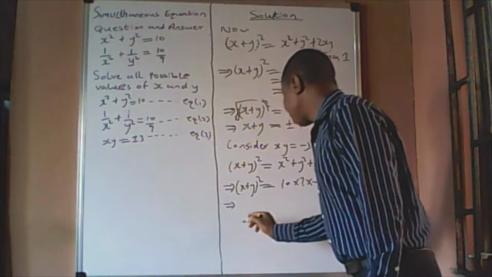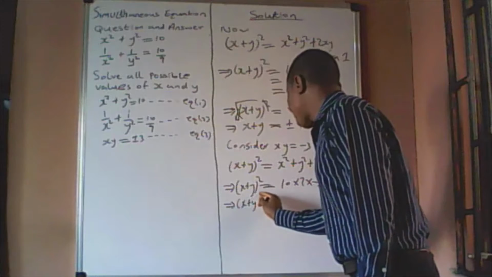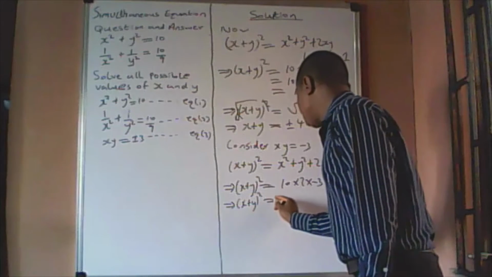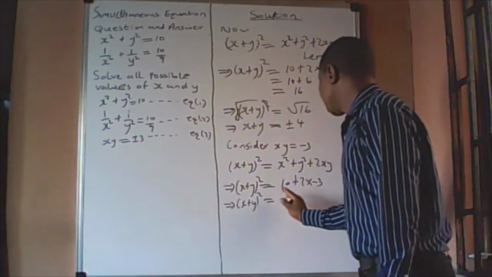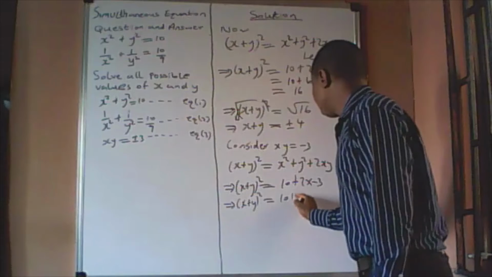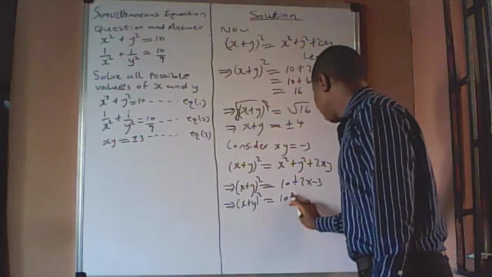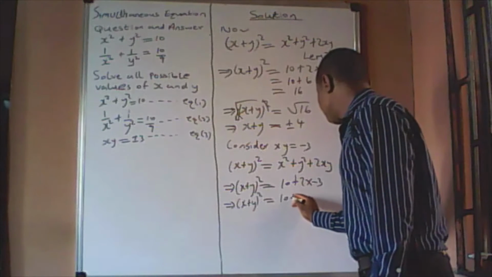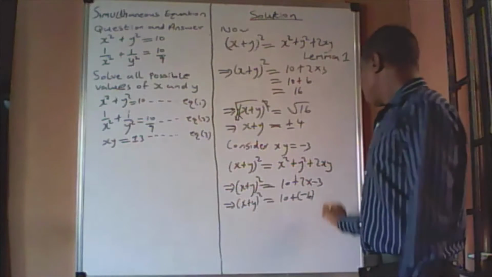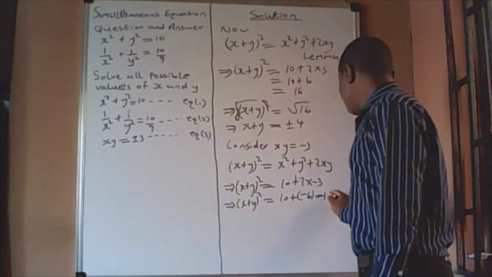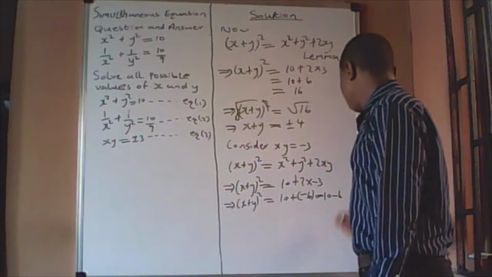It implies (x plus y) all in parentheses power 2 is equal to 10 plus 2 times minus 3 will give us minus 6, which is equal to 10, plus times minus gives minus, 10 minus 6.